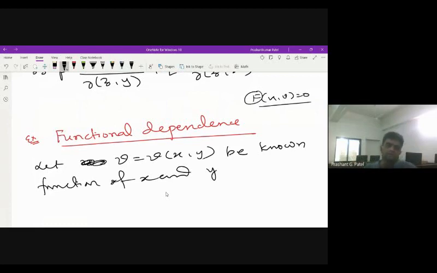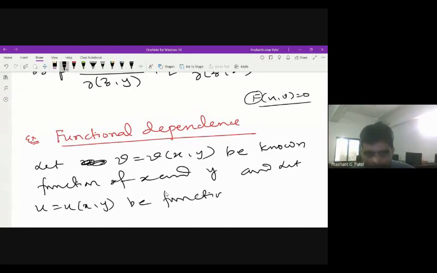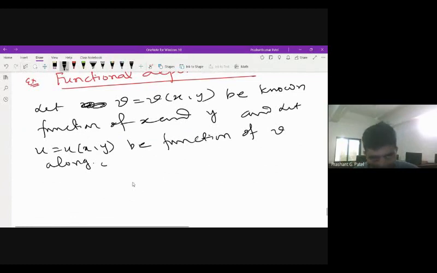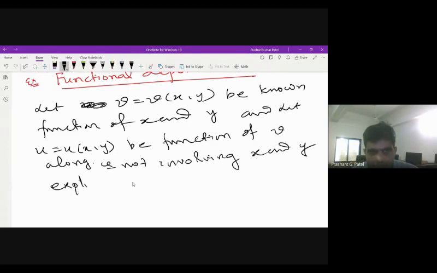So this v is a known function, and let u equal to u of x, y be a function of v alone and not involving x and y explicitly. So this is the third case to form a partial differential equation.